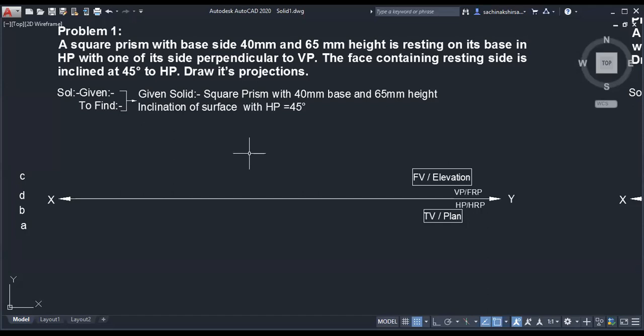So we have identified which solid is given, and where it is lying. Next thing, most important now: how is this solid placed in HP?